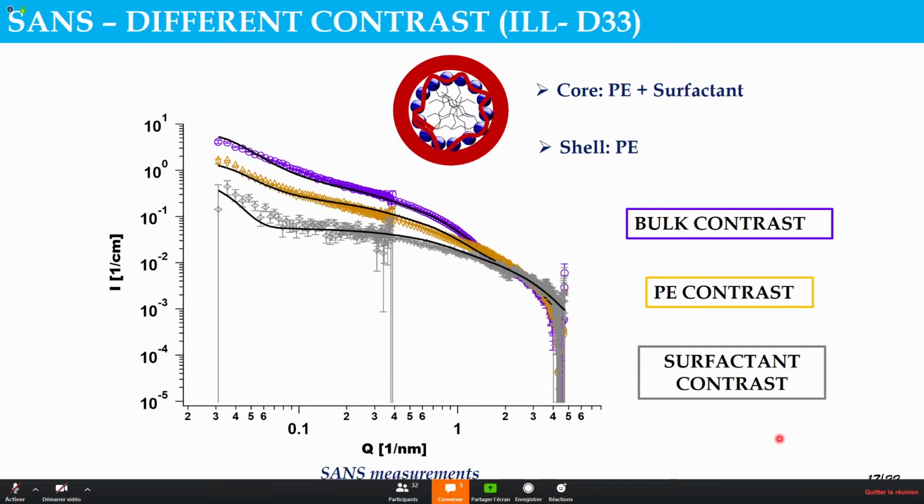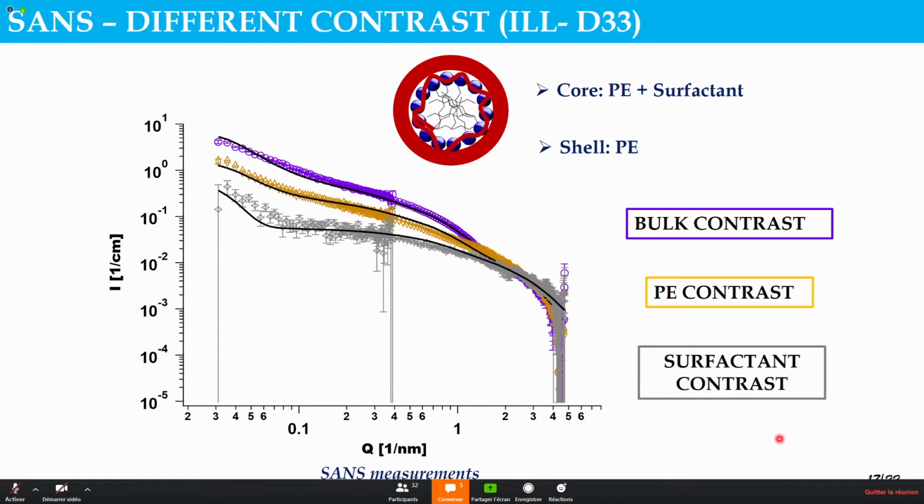I have to say that from previous work, these data were fitted with a similar model, but there was another additional core in the middle, made of only surfactant, but this core was super tiny. So this tells us that it's not a big issue. Basically, it's not an error if we fit this data with a model in which we have one core.